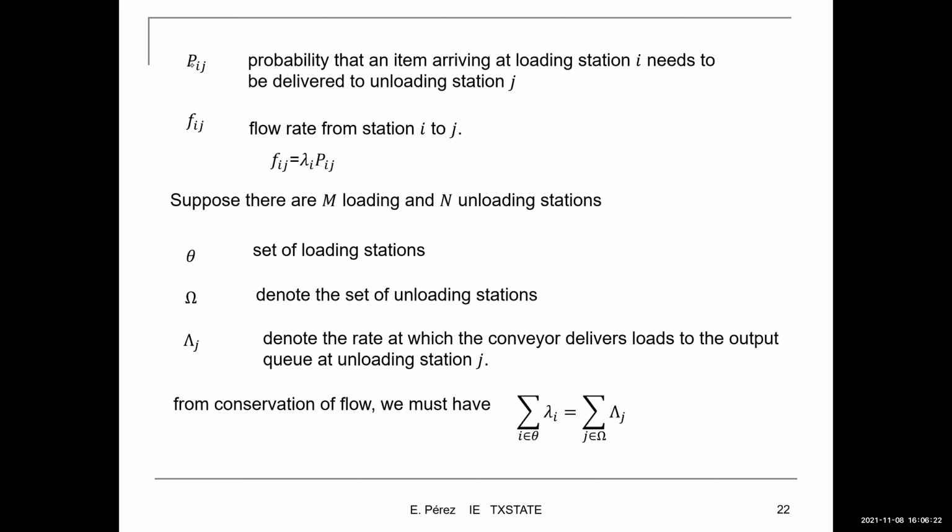We have theta, the set of loading stations, and gamma, which denotes the set of all unloading stations. And capital lambda J denotes the rate at which the conveyor delivers loads to the output queue at unloading station J. For conservation of flow, we must have the summation of lambda I equal to the summation of capital lambda J.